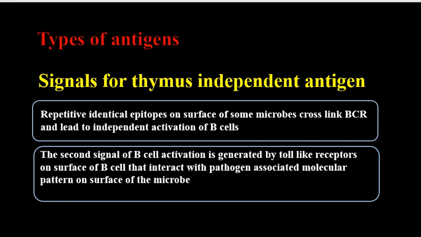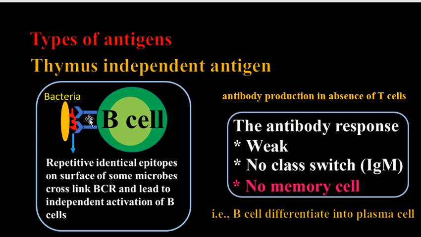And this is to say that the B cell differentiates into plasma cells. However, this cross-linking provides the first signal. The second signal is provided by toll-like receptors on the surface of the B lymphocyte, and these receptors interact with pathogen-associated molecular patterns on the surface of bacteria.